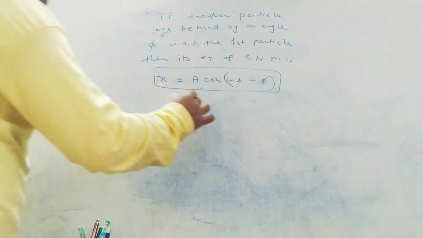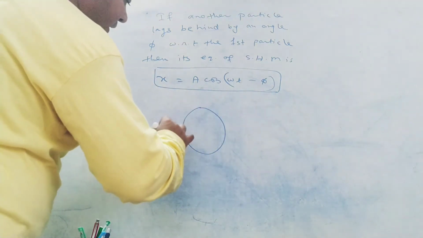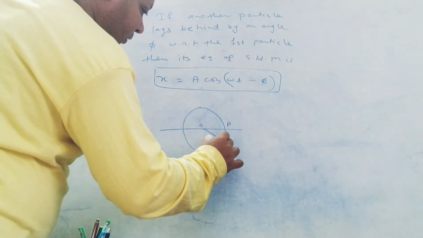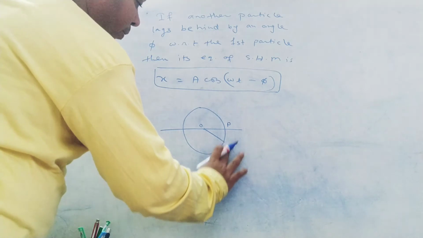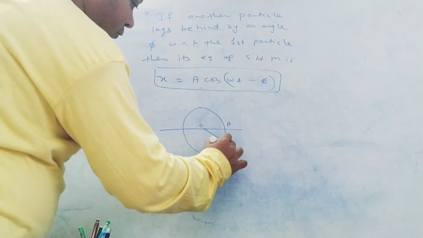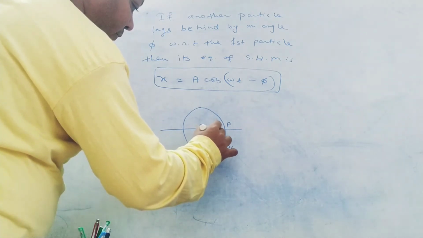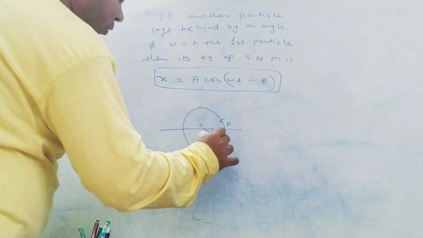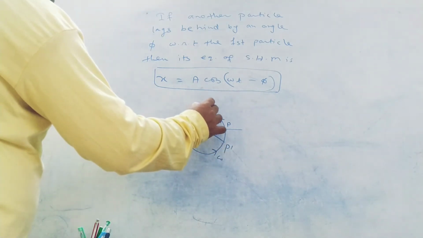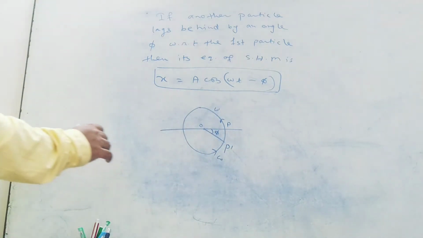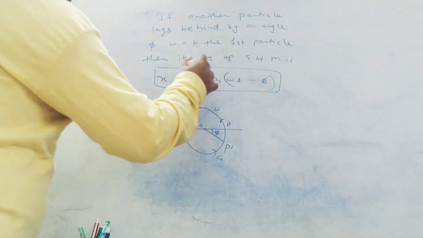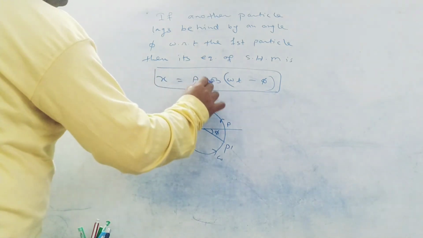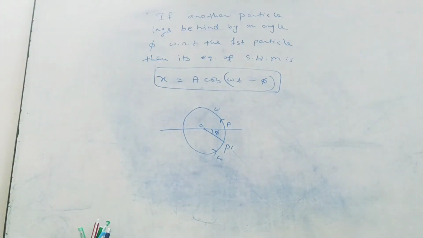That is, if we consider a second particle which starts from the point P prime, and first particle starts from point P, but their angular speeds are same, then the equation of S.H.M of the second particle is x equal to A cos omega t minus phi.